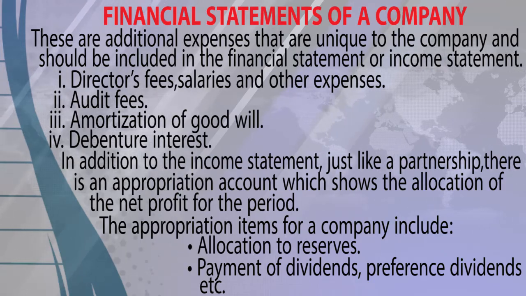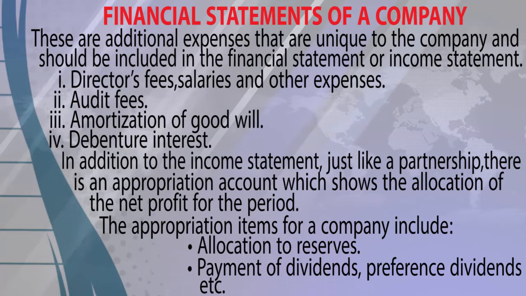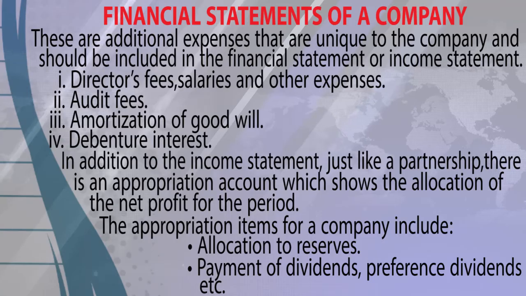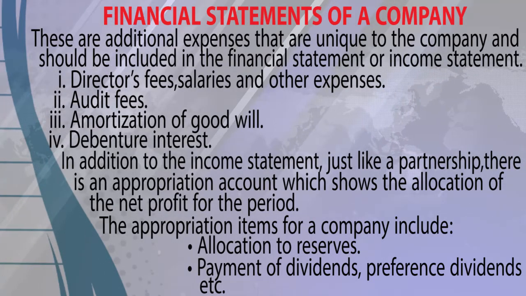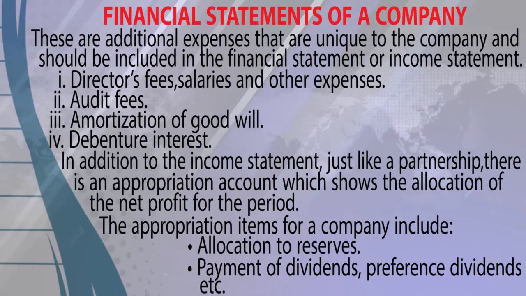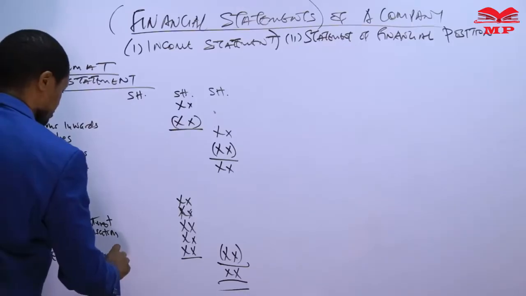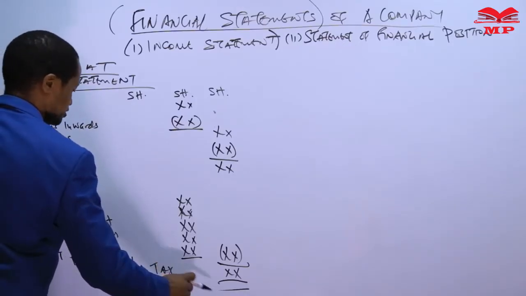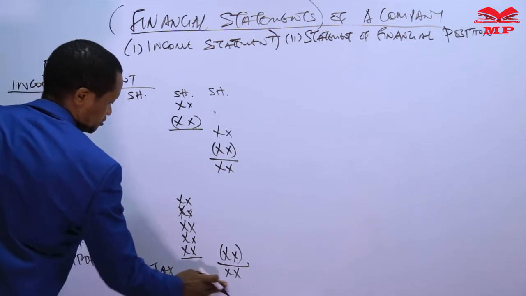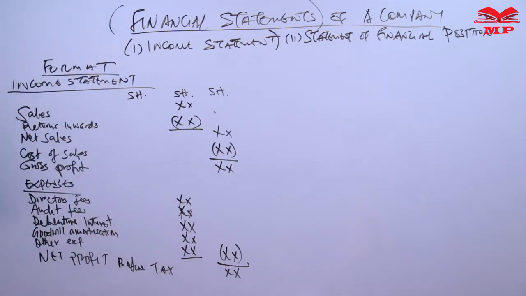From that profit, we now do what we call appropriation. And before appropriating, because this is net profit before tax, the net profit before tax.